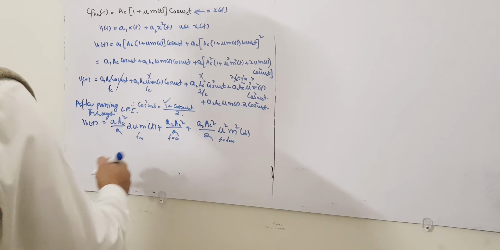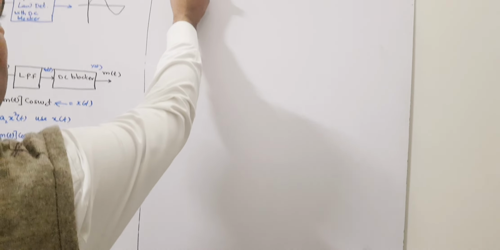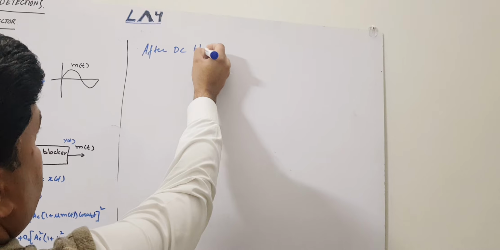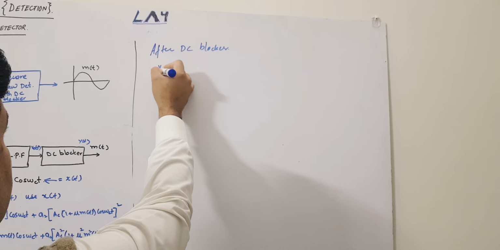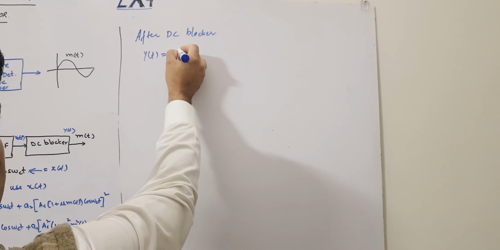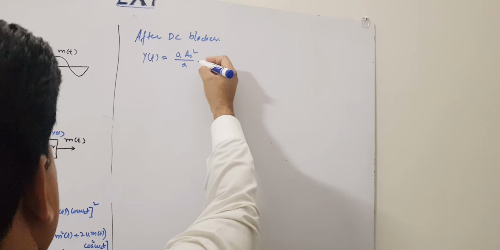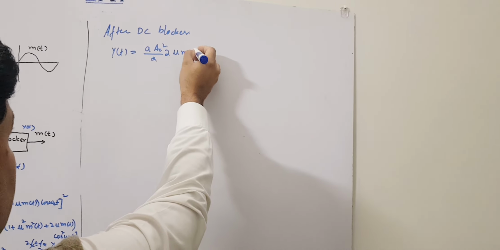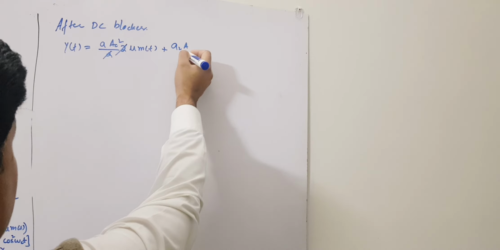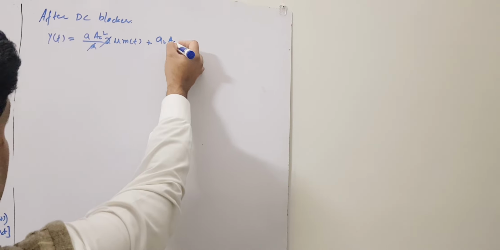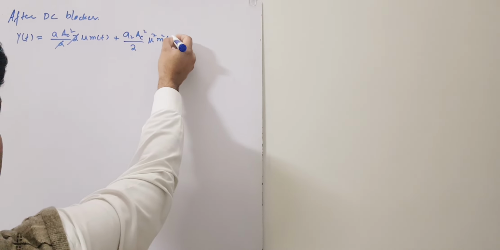So if you pass that signal through the DC blocker, after the DC blocker it will block the DC term, and the remaining is y of t equals A1 AC square divided by 2 times 2 mu of m t, and then plus A2 AC square divided by 2 mu square m square t.